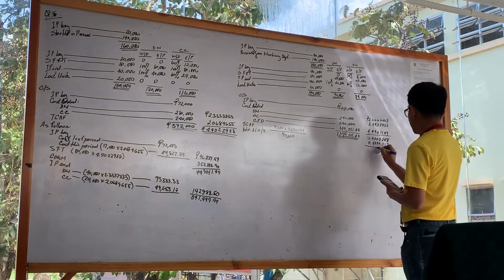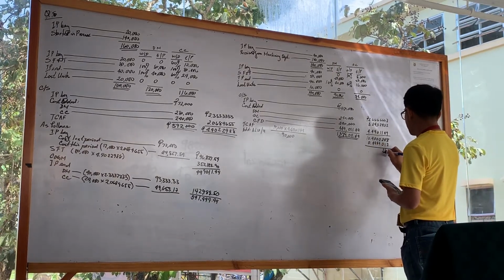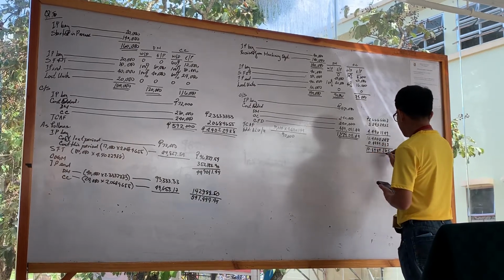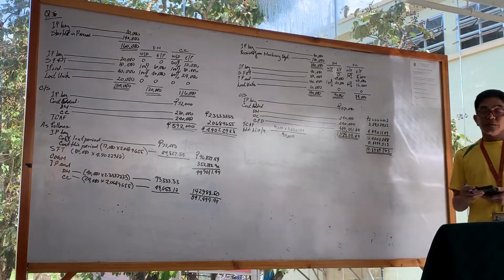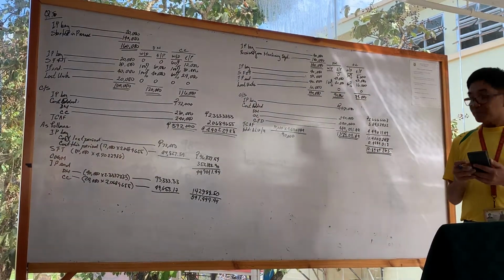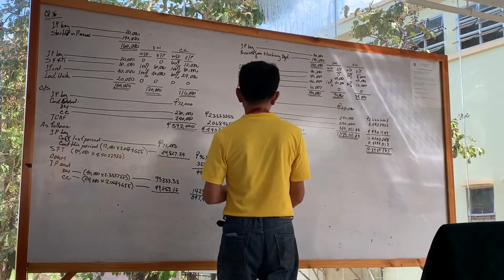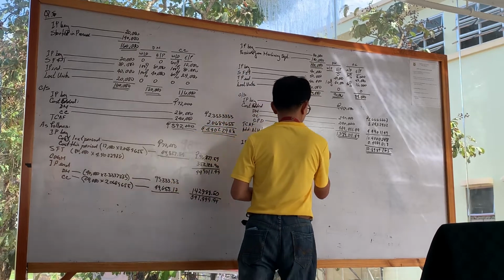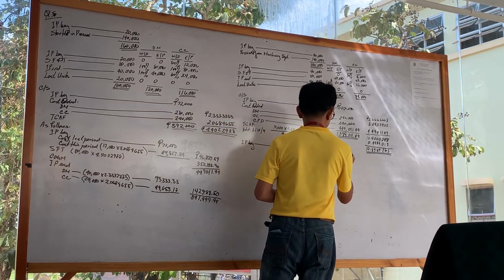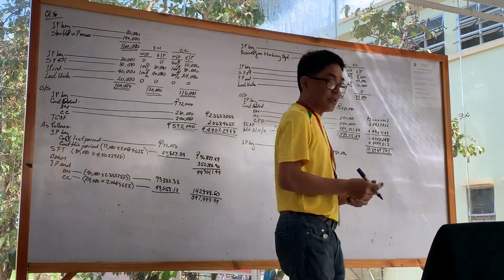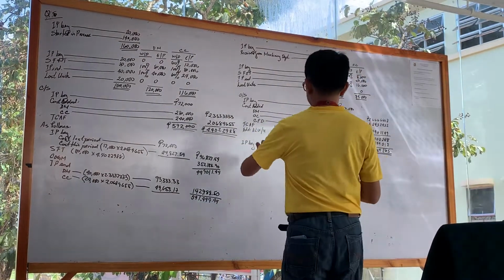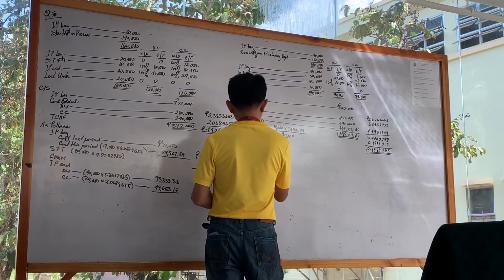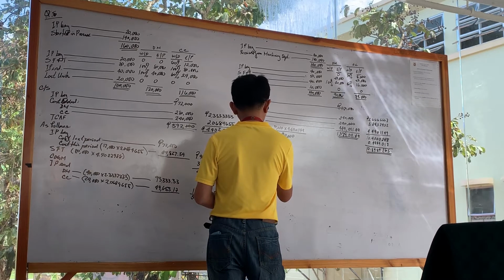Total 10.898... As follows. In process beginning, 450,000. That is your costs last period.